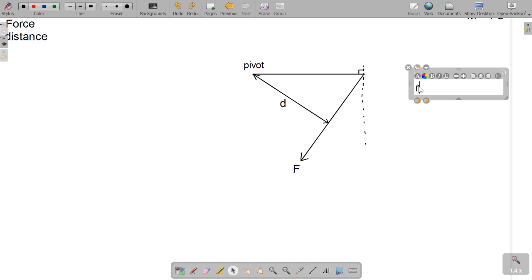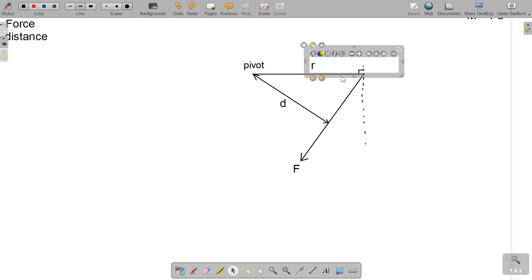So let's define this distance, from the pivot to the point where the force is being pulled, as r. Define this angle as theta 1 and this as theta 2.